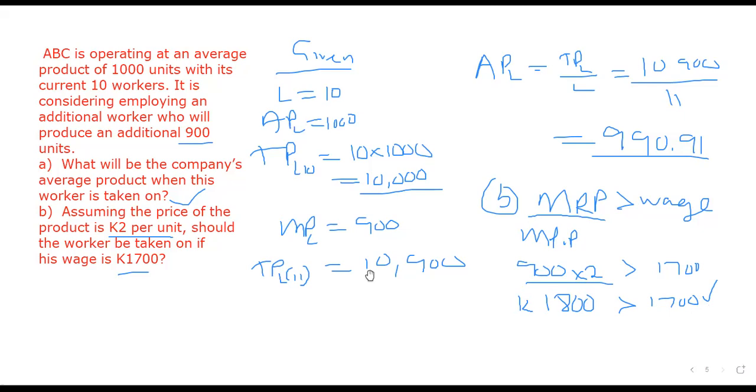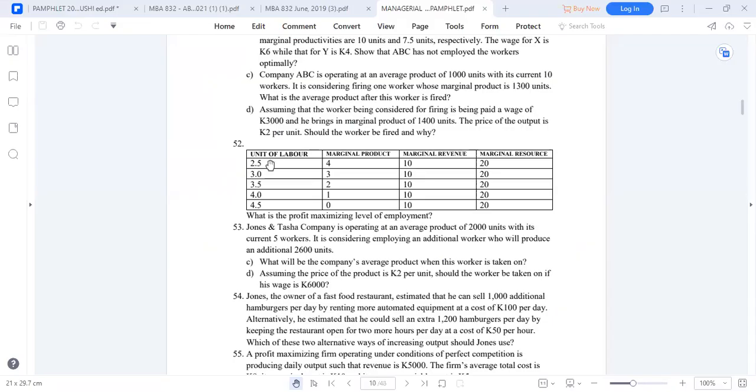Okay, let's look at another question here, number 52. We're given the labor units, the marginal product of labor, the marginal revenue, and the marginal resource cost. And we're asked what is the profit maximizing level of employment. So we know that the marginal revenue is simply the price, and the marginal product of labor is the MPL.